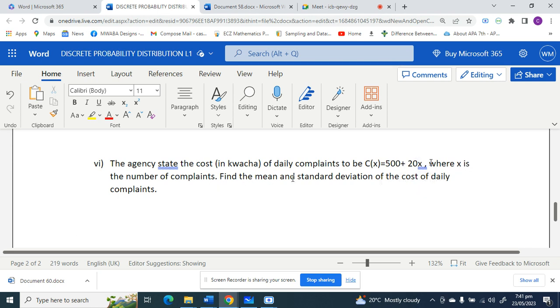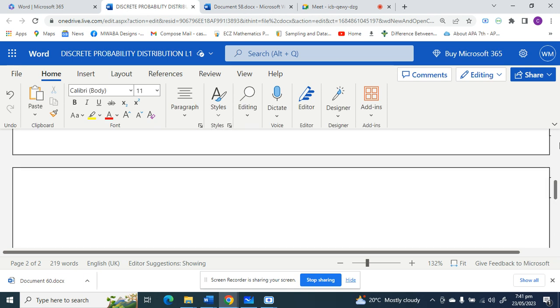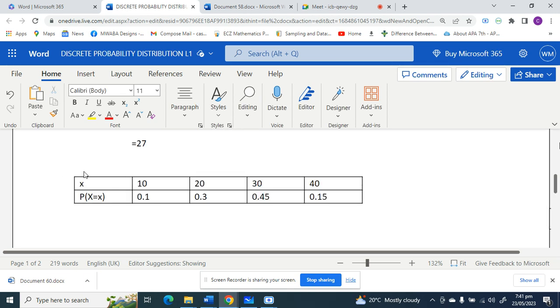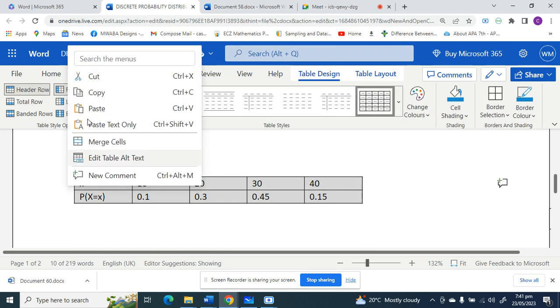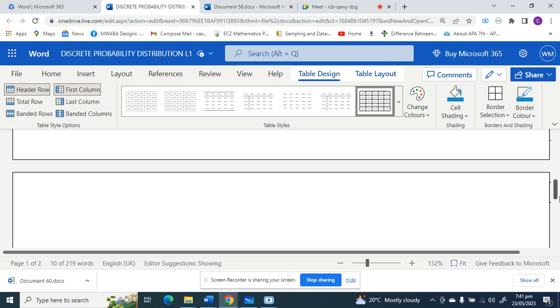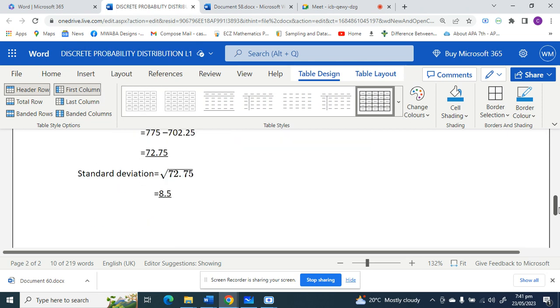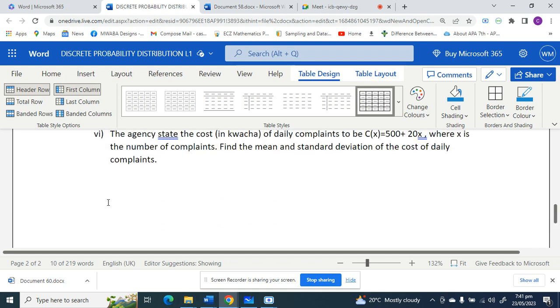Find the mean and standard deviation of the cost of daily complaints. So what is going to happen here is these X values, we're going to be putting them in that function to get the costs of the daily complaints.